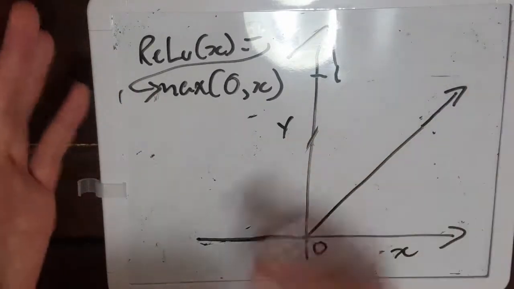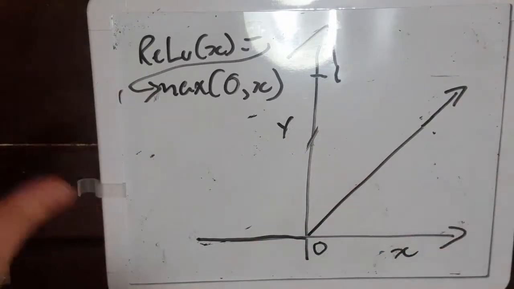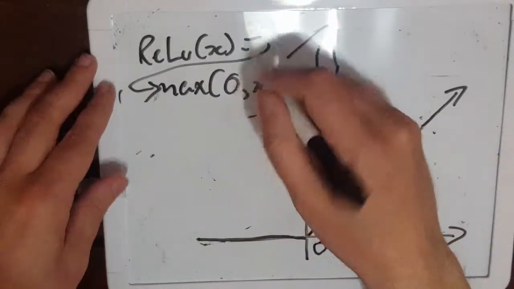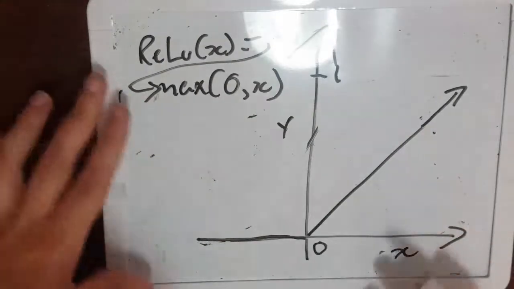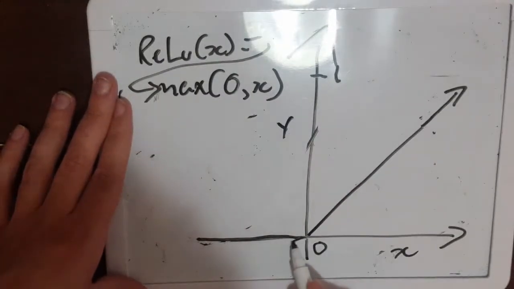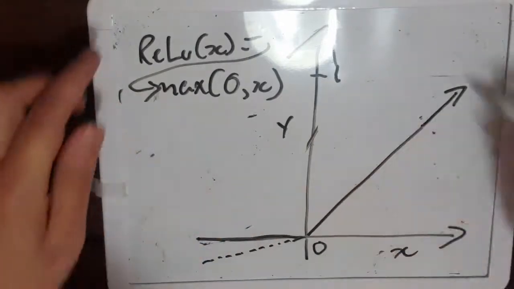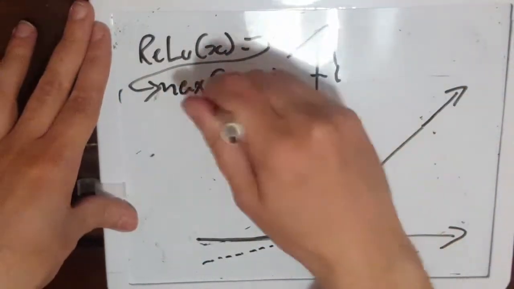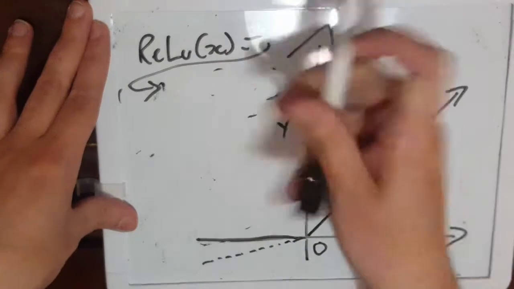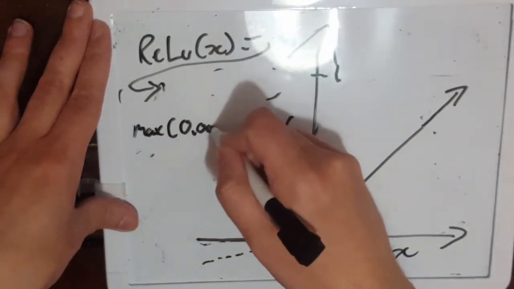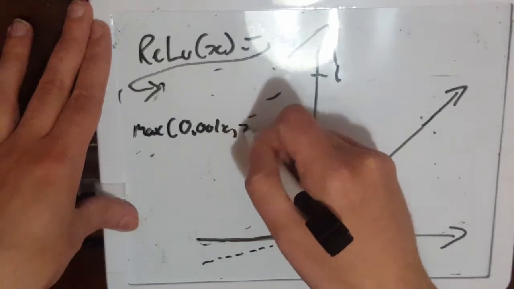One of the ways people kind of avoid that is they use a leaky ReLU. And instead of max of 0, basically, let's do it this way. You get a very small slope. So instead of max of 0 and x, it's the max of like 0.001 x or x.